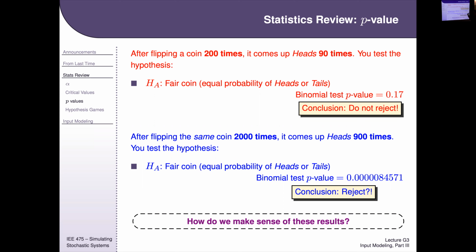In other words, was it fair to call a fair coin 50% coming up heads or tails? What if we said really anything between 40% and 60% is a fair coin? Under that, I might get a very different answer. Does that make sense? So high p-values should not be trusted when you have low sample sizes. Low p-values should not be trusted when you have high sample sizes.